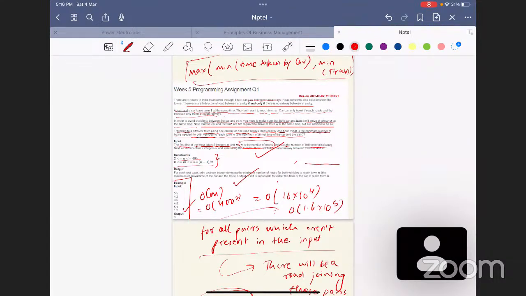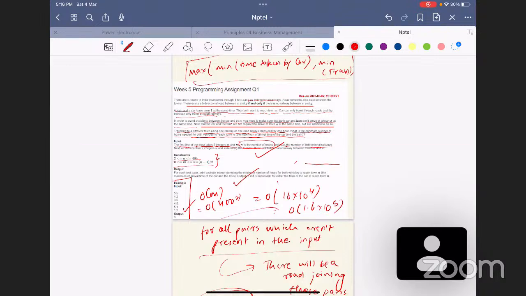Okay, so how will we do? Bhani is saying run the algo on the complete graph.